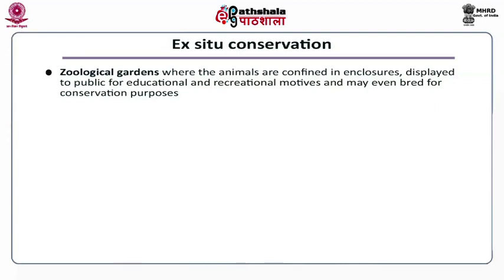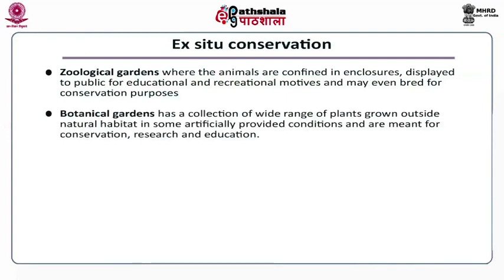Zoological gardens are where the animals are confined in enclosures and displayed to the public for education and recreation motives, and may even be bred for conservation purposes. Whereas botanical gardens have a collection of a wide range of plants grown outside natural habitats in some artificially provided conditions and are meant for conservation, research and education.